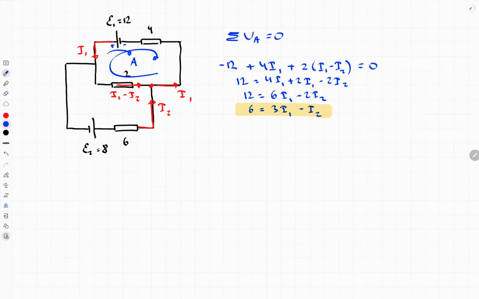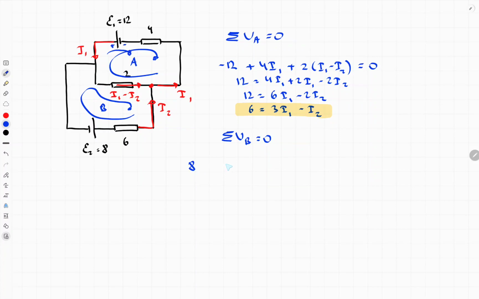Now let's apply Kirchhoff's second law for this loop. Let me call it loop B. According to Kirchhoff's second law, all voltages along this circuit, if we add them, should be equal to 0. Here we have 3 elements.